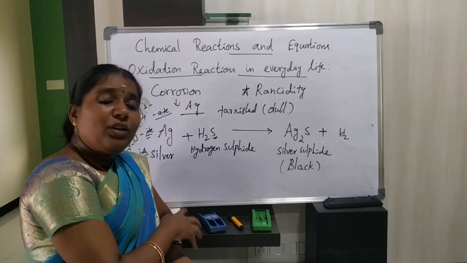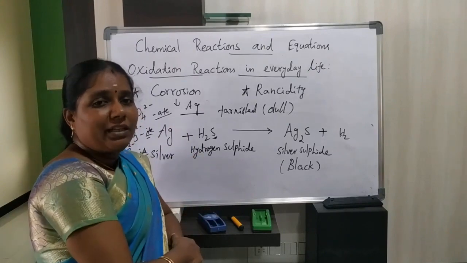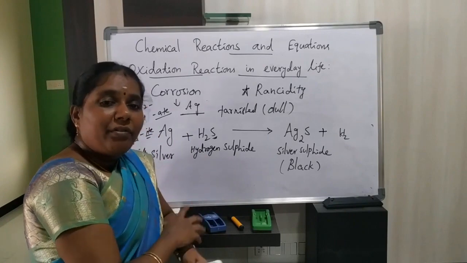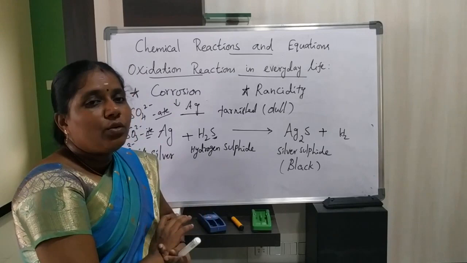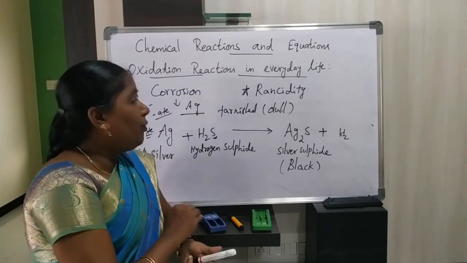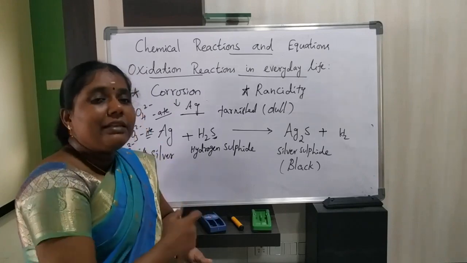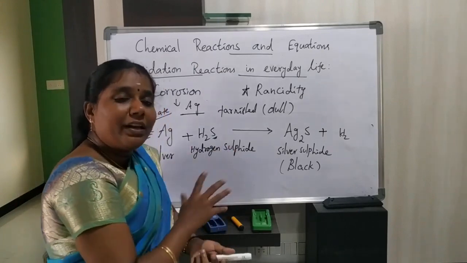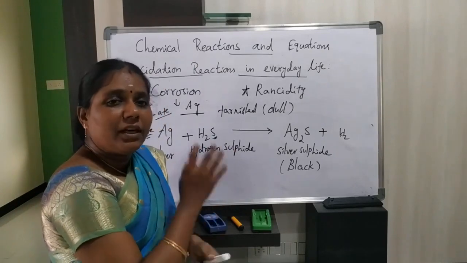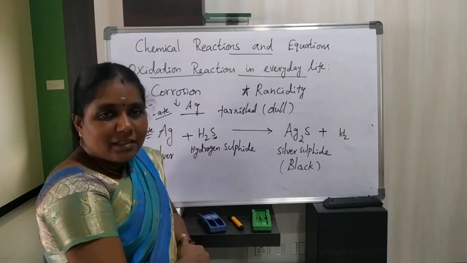How do we prevent this corrosion? We can prevent it by coating them with paint. Similarly, by applying oil or grease, oiling or greasing, we can also prevent this corrosion.